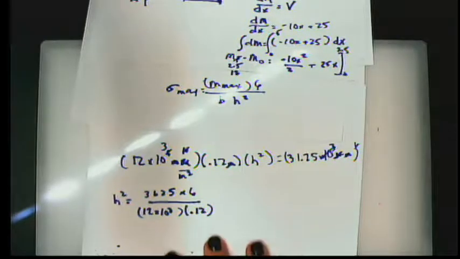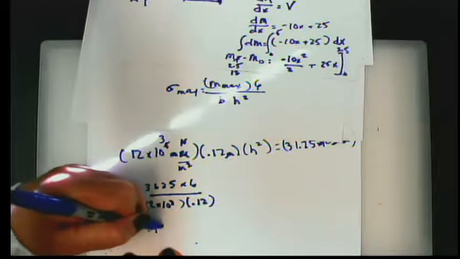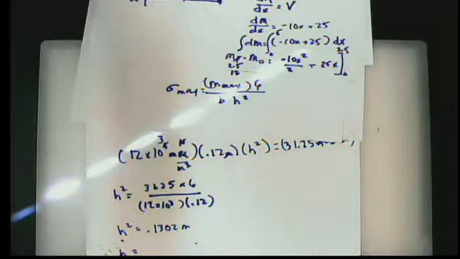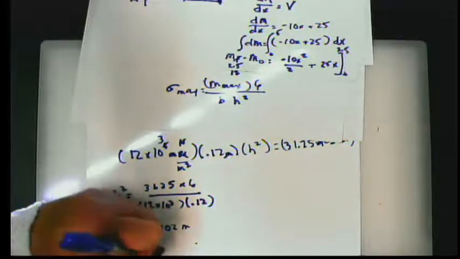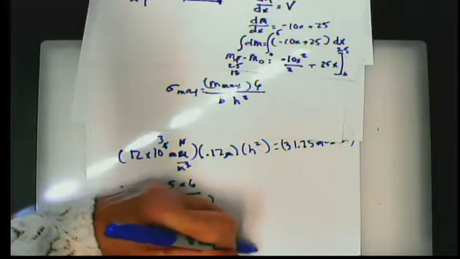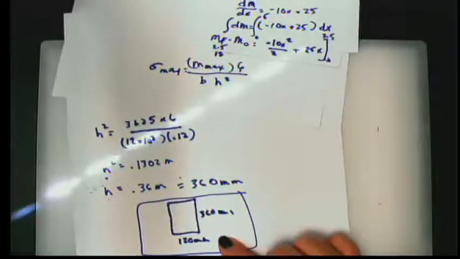And that gives me a value of h squared equal to 0.1302 meters. Taking the square root of that, then my height is 0.36 meters, which is 360 millimeters. Okay, so in this case, I have 120 millimeters design, 360 millimeters design, and that's what I'm looking for right there.